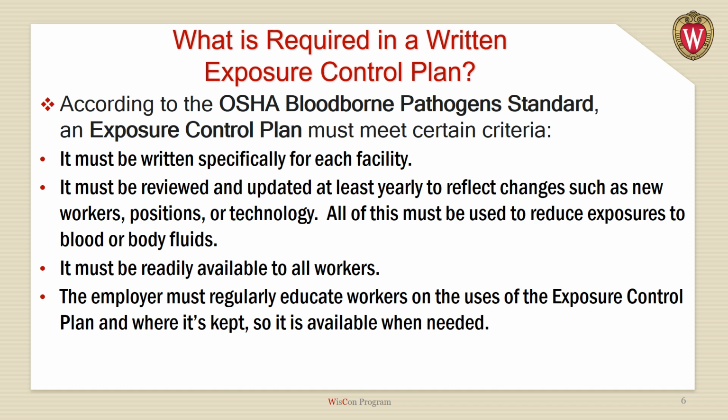All of this must be used to reduce exposures to blood or body fluids. It must be readily available to all workers. The employer must regularly educate workers on the use of the exposure control plan and where it's kept so it is available when needed.